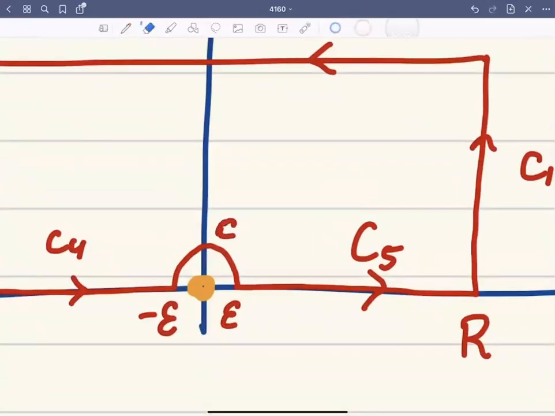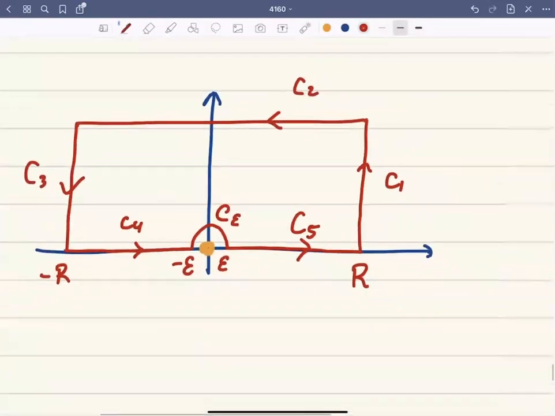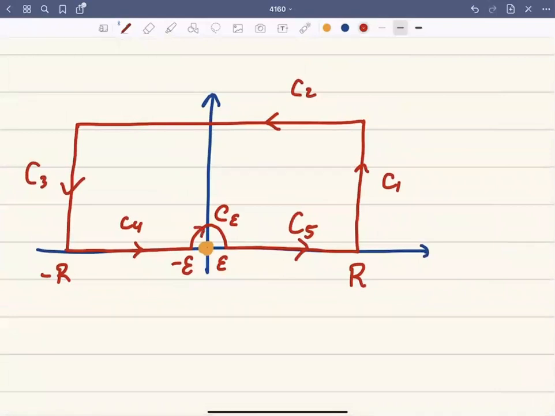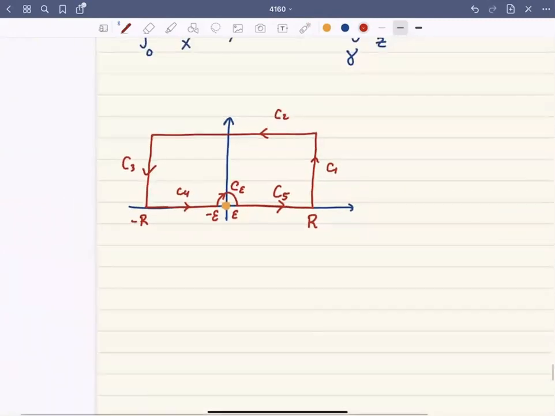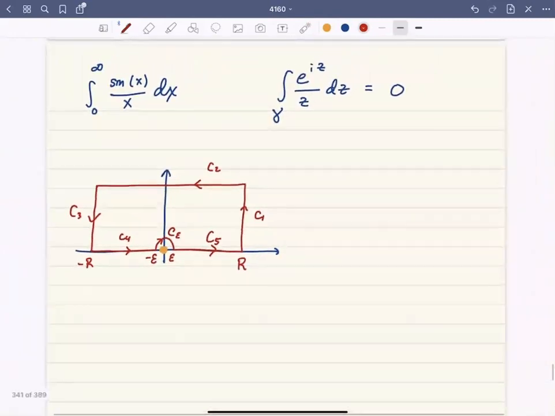In fact, instead of calling it C6, let me call it C sub epsilon. So C sub epsilon is this piece. It's going to be a circle of radius epsilon, but it's going to be oriented backwards to the way we're used to, because we're traveling clockwise to keep the entire contour positively oriented. That's the contour that we're going to use that turns out to be very useful.